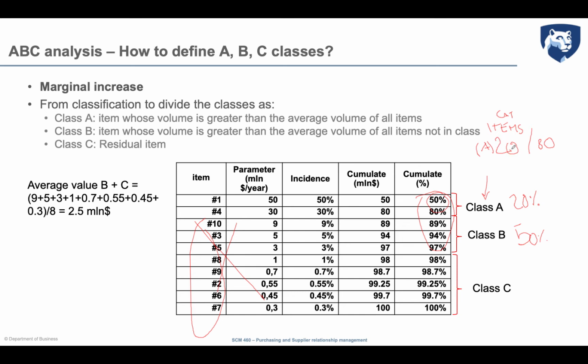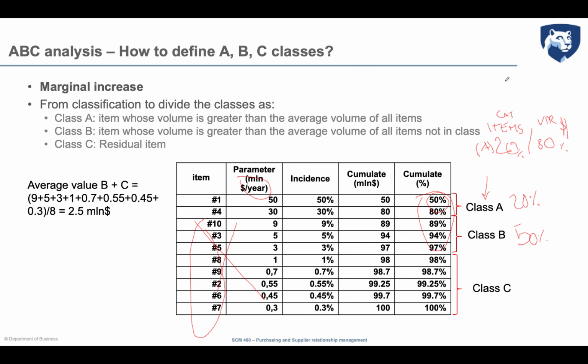The 20% of your categories, of your items under analysis, make 80% of the variable under your analysis, in this case the spending. So the second percentage refers to the variable under your analysis. So of your items, you have 10, and your Class A are 20% because they are 2, make the 80%, so explain the 80% of the variable that you want to analyze, in this case the spending per year.